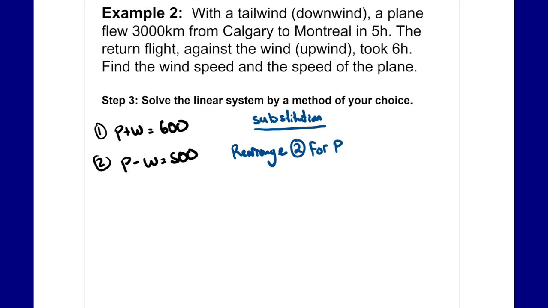If I rearrange equation 1, I'm going to end up with a negative, and negatives make it a little bit messy. So I'm just going to rearrange equation 2 for p. So p minus w equals 500. Move the w over, and I get p is equal to 500 plus w. Again, I don't need to worry about rearranging anything else because I'm just going to be substituting.